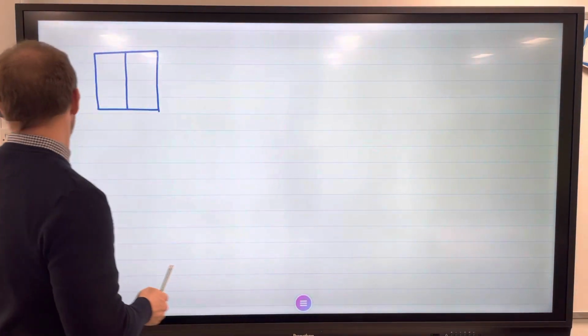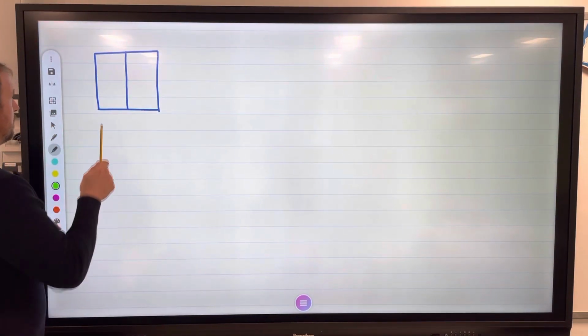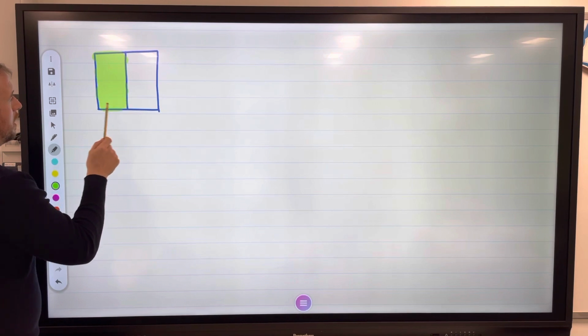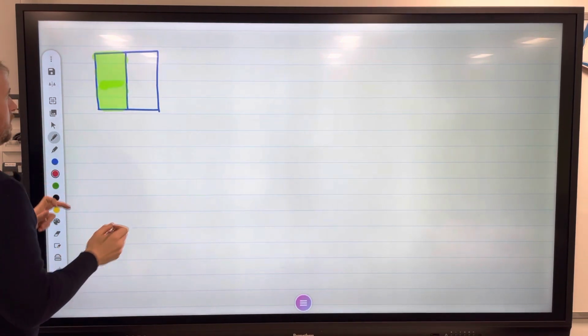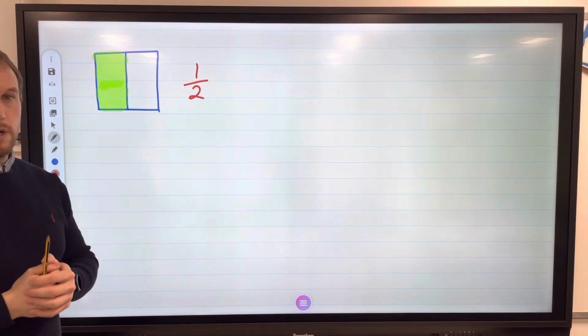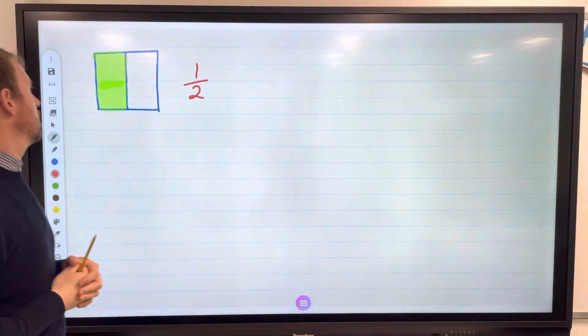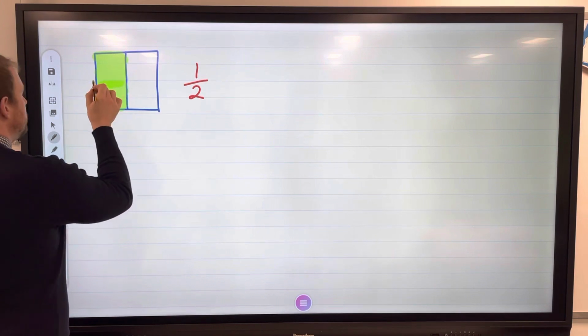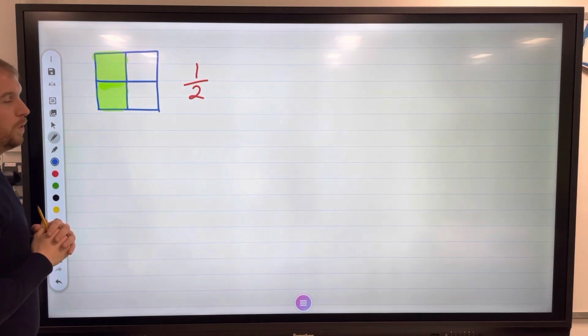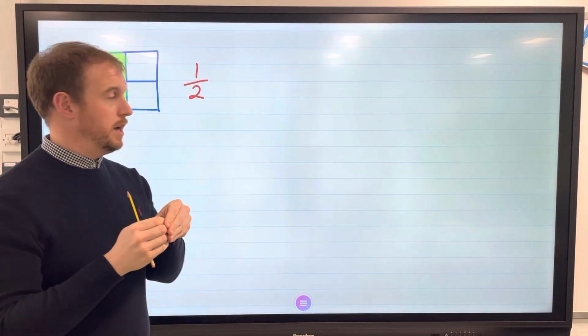Half. I'm going to use a highlighter and colour in half there. So at the moment, half of that square is shaded. How about if I created 4 little squares within my big square?